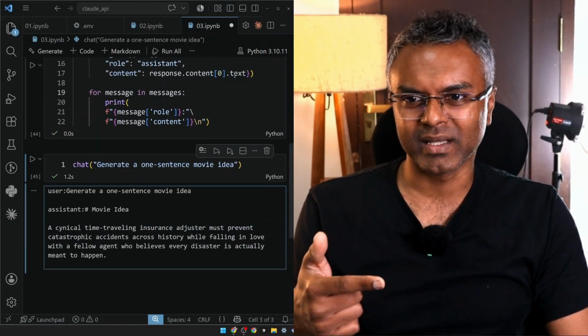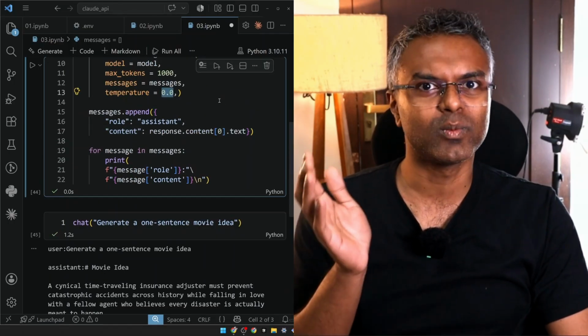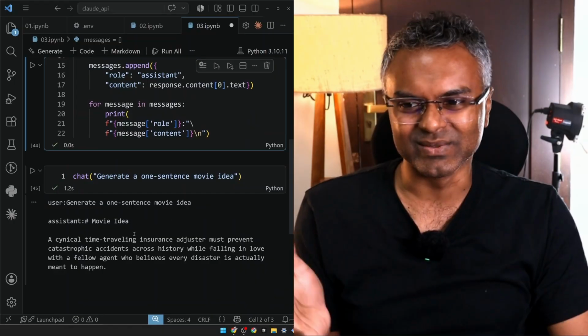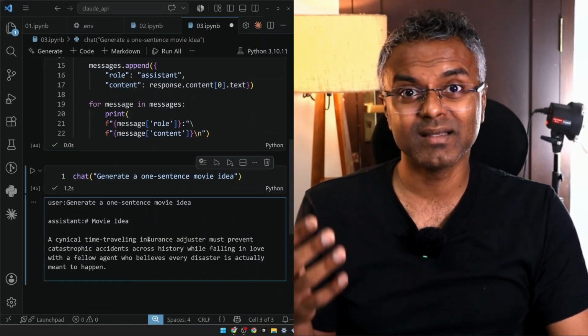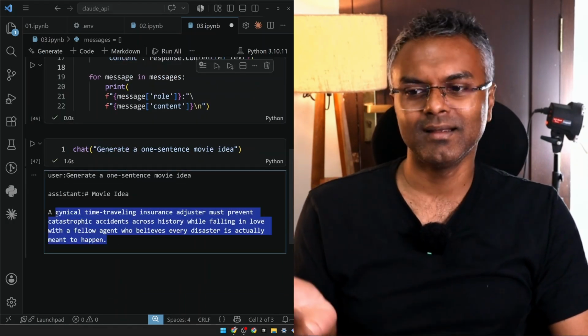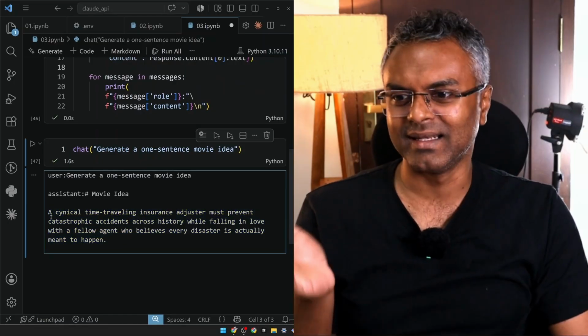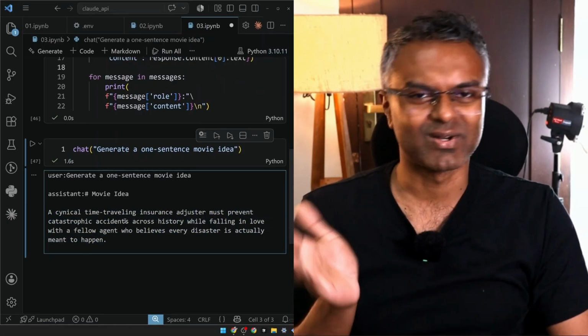So that same idea is coming up again. Because the temperature is 0.0, it is not being creative. It's just generating the most probable next words, and it seems to be the same idea all the time. If you run this a third time, here again, it generates the exact same idea of a cynical time traveling insurance adjuster preventing some catastrophic accidents.